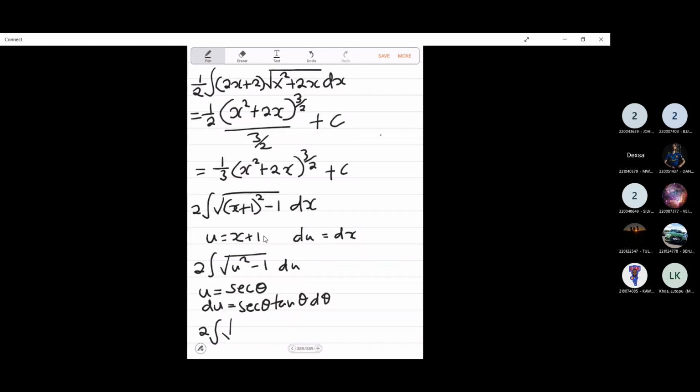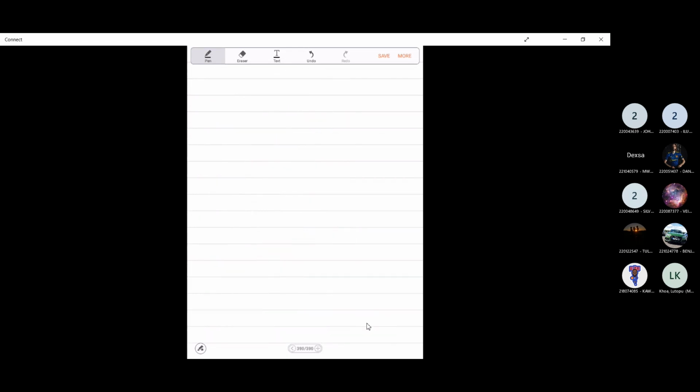This is the square root of u squared minus 1, which is sec squared theta minus 1, and then multiply by sec theta tan theta d theta. Then sec squared theta minus 1 is tan squared theta, the square root of which is tan theta, which we will multiply by this. And we are working out 2 integral of sec theta tan squared theta d theta.